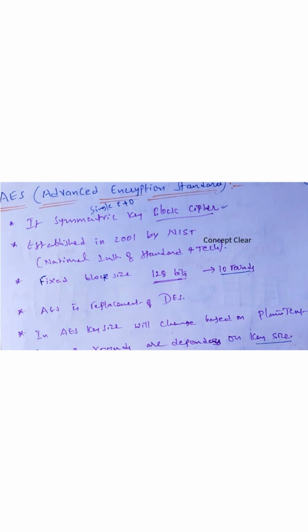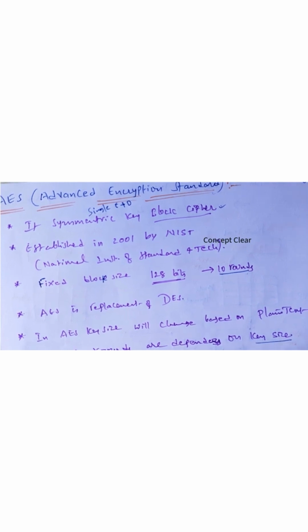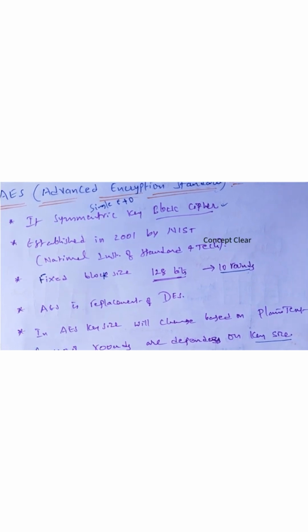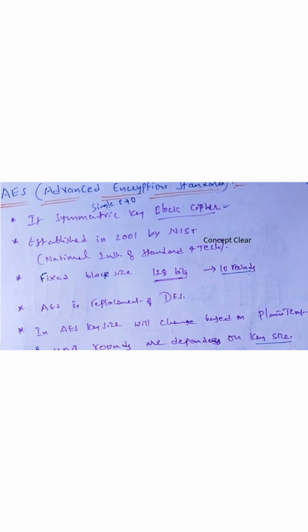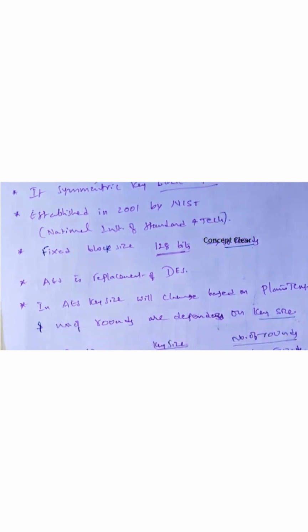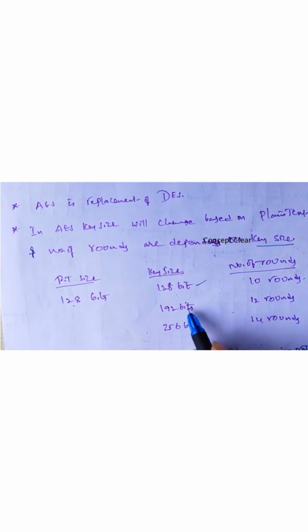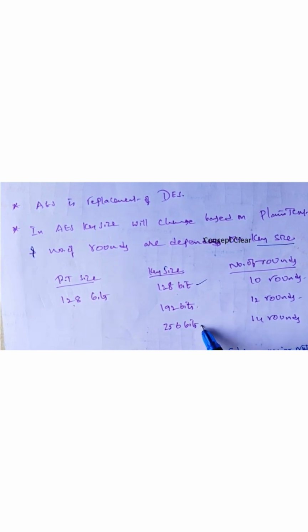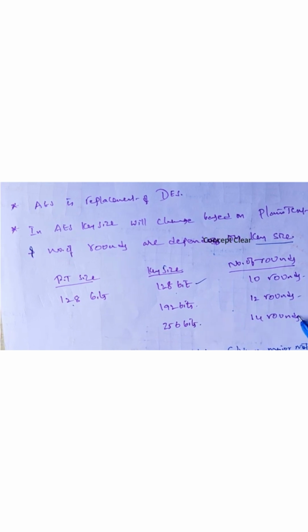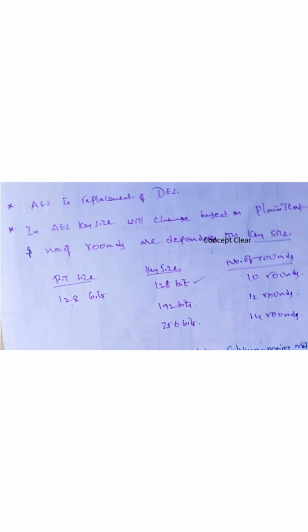But in the AES algorithm the plain text size is 128 bits, and the key size depends on your requirement, and the number of rounds depends on the key size. If you take a 128 bits key size, then the rounds are 10. If you take 192 bits, the rounds are 12. If you take 256 bits, it will perform 14 rounds.